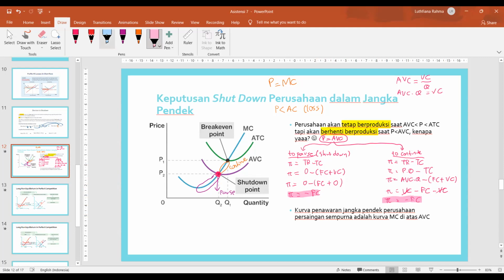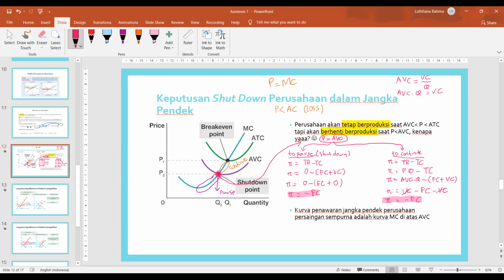So that's why this point is called the shutdown point. Because at that position, the firms could start to shut down. But at that point, they could also still continue the production, but they could start to shut down. So the name is the shutdown point.